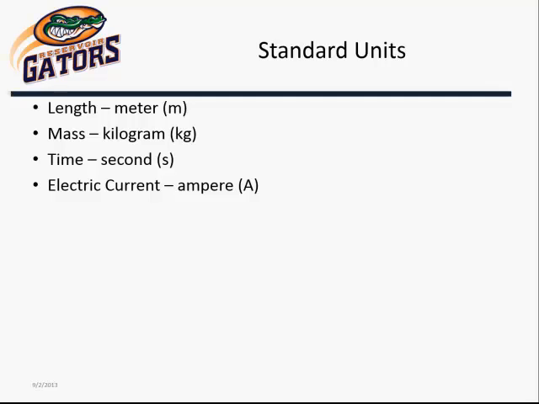It represents that constant current which if maintained in two straight parallel conductors, think wires, of infinite length, of negligible circular cross-section, so think very long, very small wire placed 1 meter apart in a vacuum, that would produce between these conductors a force equal to 2 times 10 to the negative 7 newtons per meter of length of the wire.